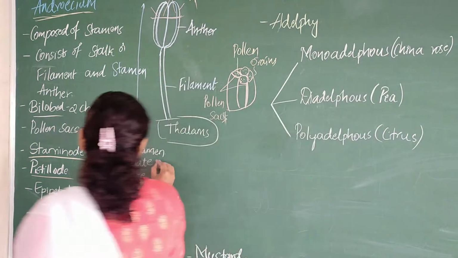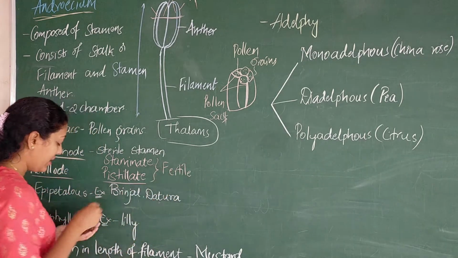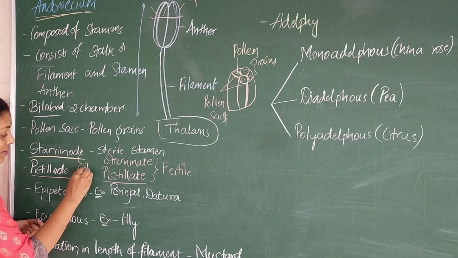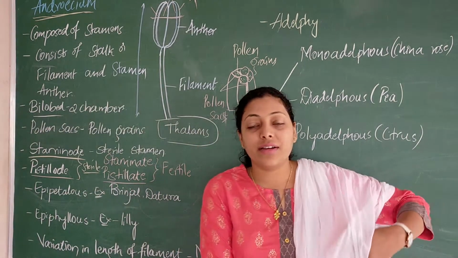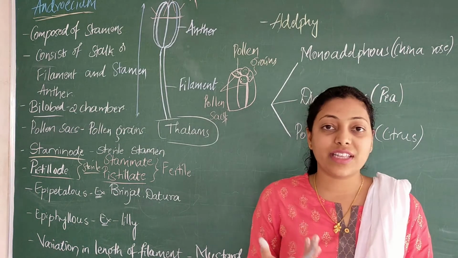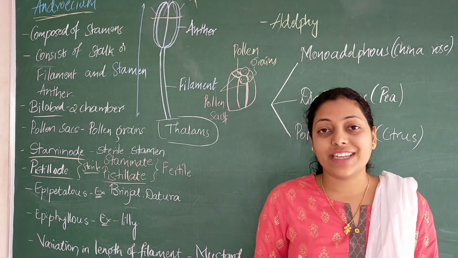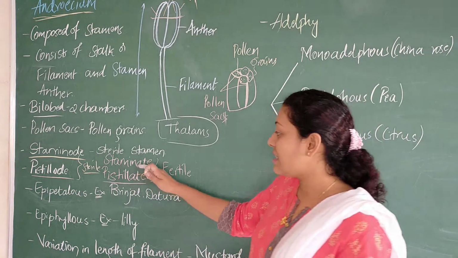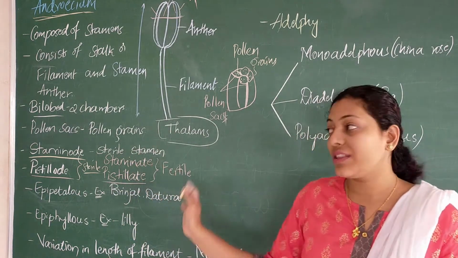These two are fertile and these two are sterile. Sterile does not produce gametes and is not capable of reproducing. Even if reproduction takes place, the progeny is not successful. These are the two different words you have to be thorough with. Do not be confused with the two words.